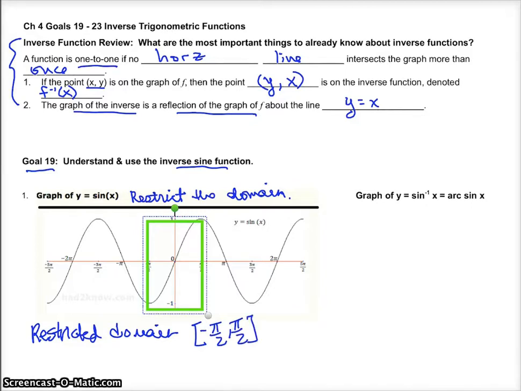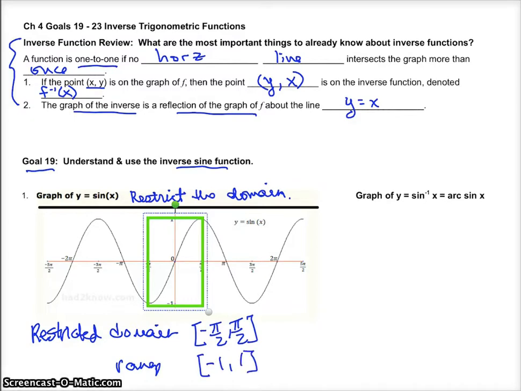Okay, so what is the range? Do we need to restrict the range? No, it is not necessary to restrict the range to have a one-to-one function. So our range is still negative 1 to 1.